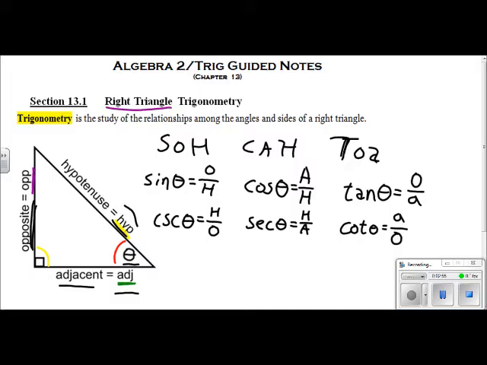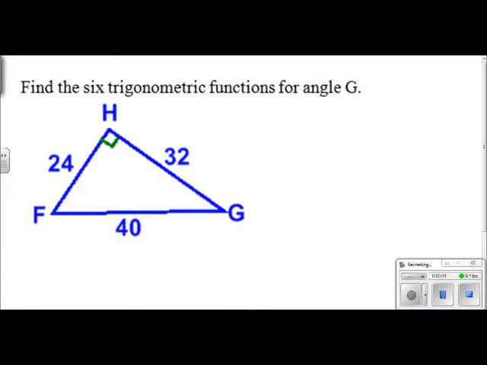Now that we know the basics, the six basic trigonometric functions, let's see how they work and interact with one another. So if we wanted to find the six trigonometric functions for angle G, so we're looking at this angle. This is our theta.